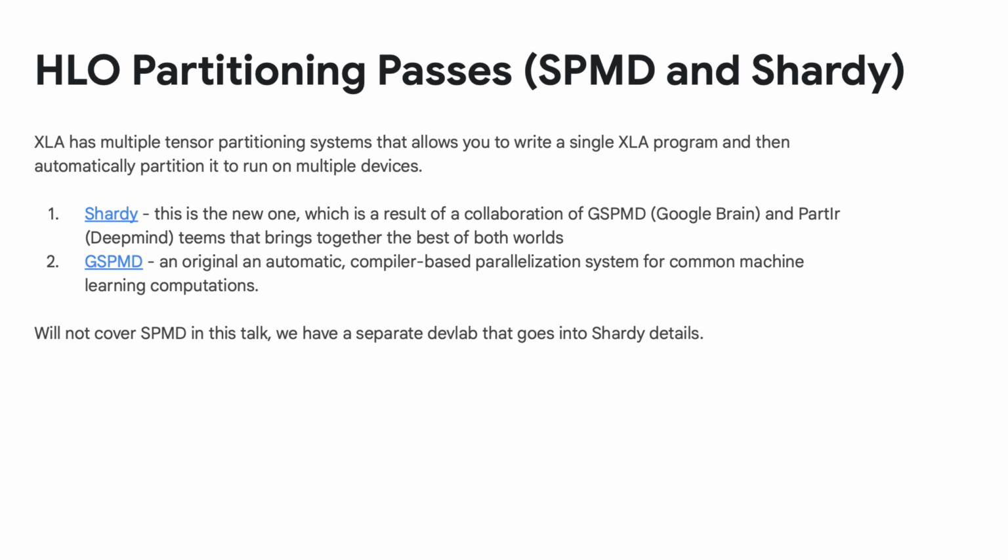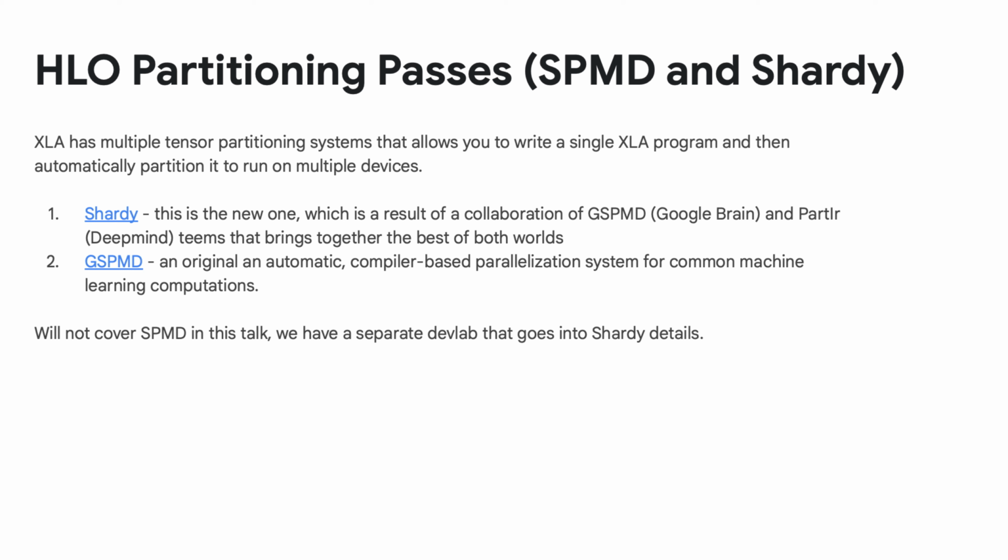So yeah, partitioning. As I mentioned, Shardy is the new one that is done as a collaboration of XLA, Google Brain's GSPMD, and PartIR implemented by DeepMind. So two teams bring together the best of both worlds and implement partitioning, compiler passes, and IR for SPMD in Shardy, and MPMD is also coming.